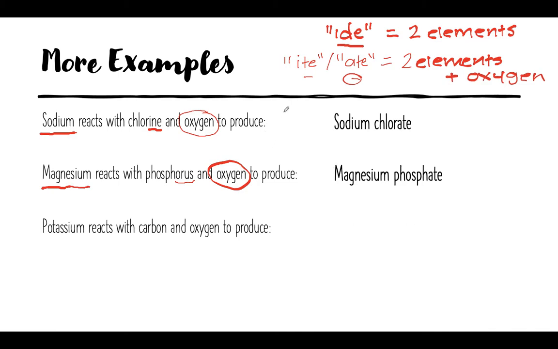And last but not least, we have potassium reacting with carbon and oxygen to produce a compound, and that compound is called potassium, because that's the metal and the metal comes first, and we are going to change this ending to ATE to tell us that oxygen is present, so it becomes potassium carbonate.